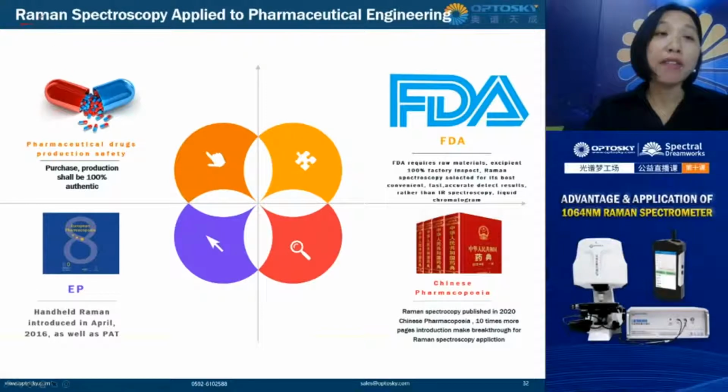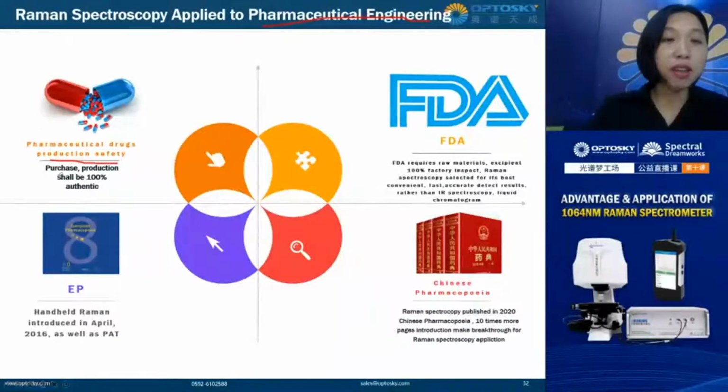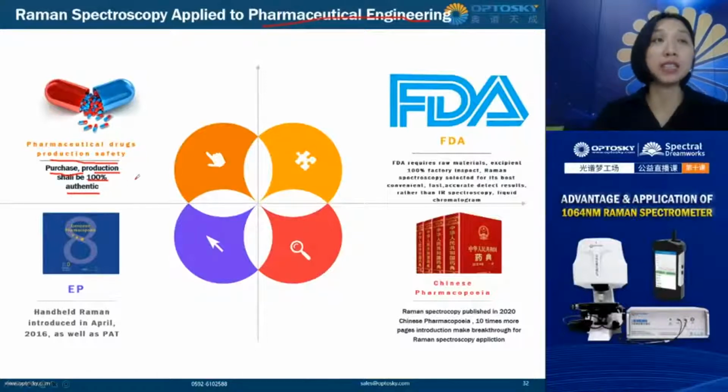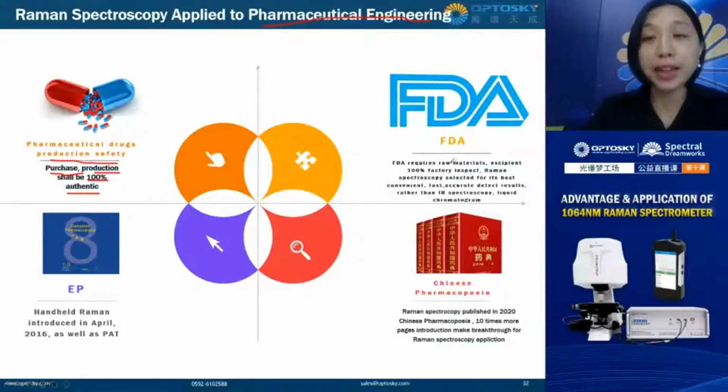We also introduce that Raman spectroscopy is applied to pharmaceutical engineering. Pharmaceutical drug production safety regulations state that purchase and production should be 100% authentic, so it must receive 100% inspection.